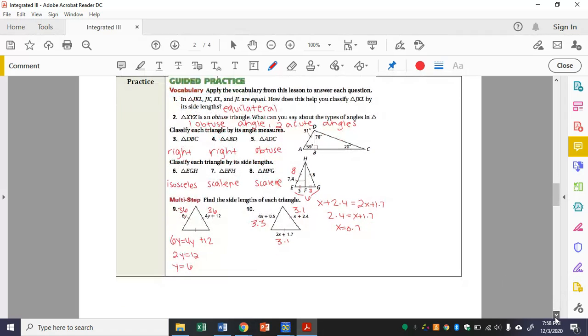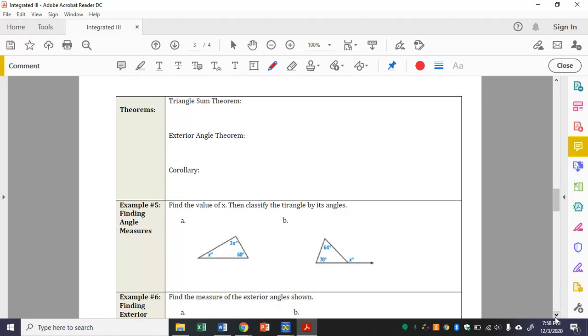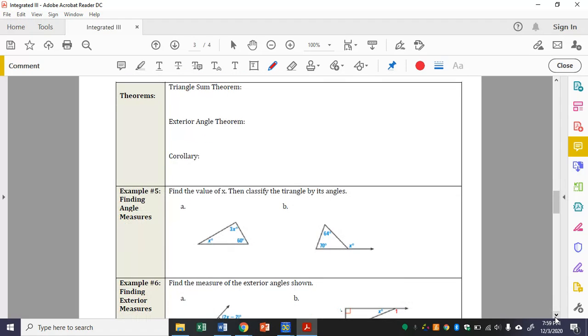Okay. So moving on, we have a couple of theorems here. So the triangle sum theorem talks about the interior angles of a triangle.